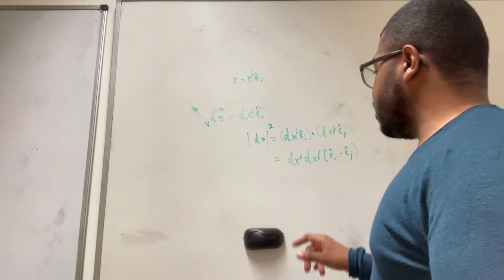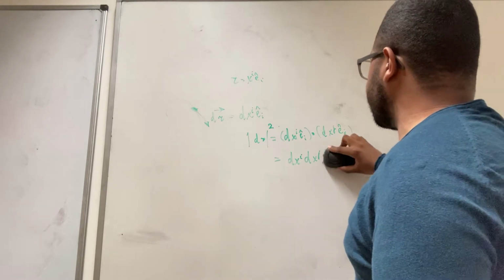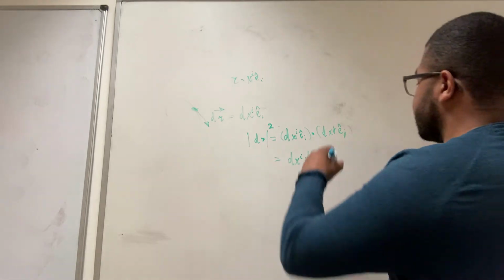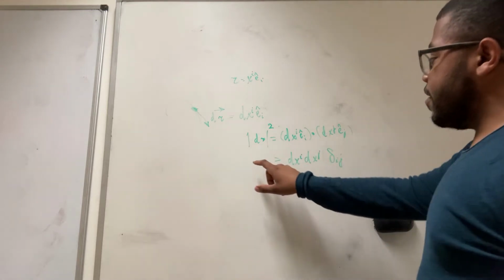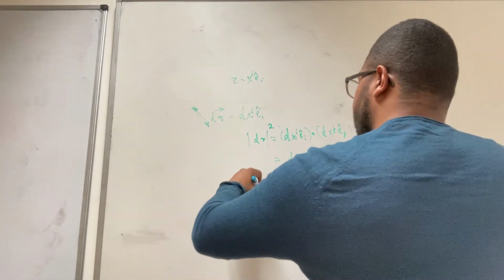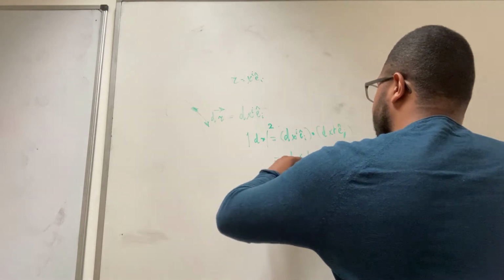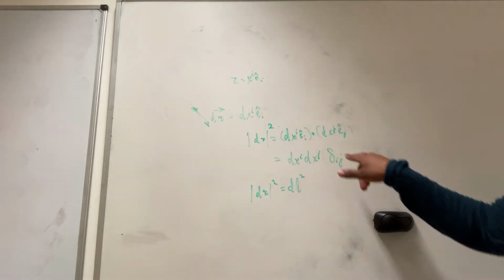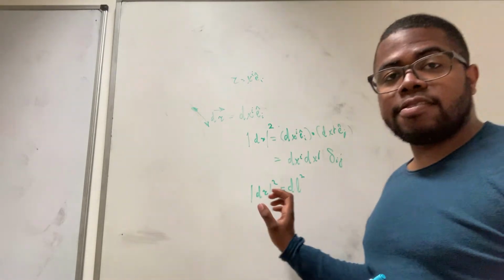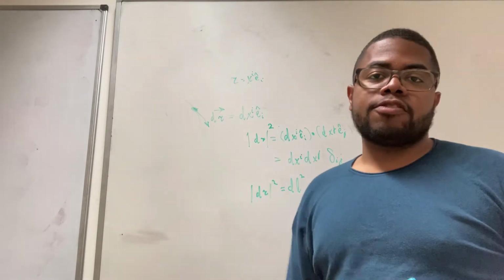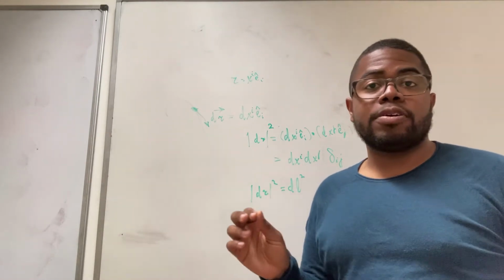We can literally say that e_i hat dot e_j hat is the Kronecker delta of ij, and then the square of the displacement vector is equal to the metric in, say, a Cartesian coordinate system. But even though we're talking about the Cartesian coordinate system, we can now generalize this to any coordinate system. And that's what we're going to do right now.